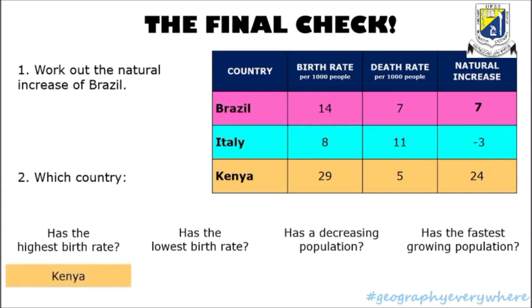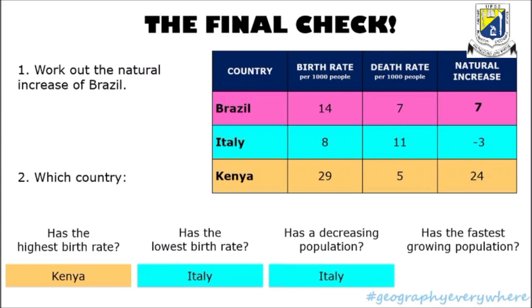So let's solve the problems together. The natural increase for Brazil will be 14 minus 7. Italy will be 8 minus 11, while Kenya will be 29 minus 5. So while Brazil's natural increase is 7, Kenya has the highest birth rate of 24.